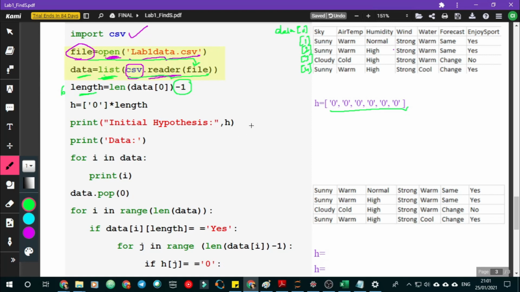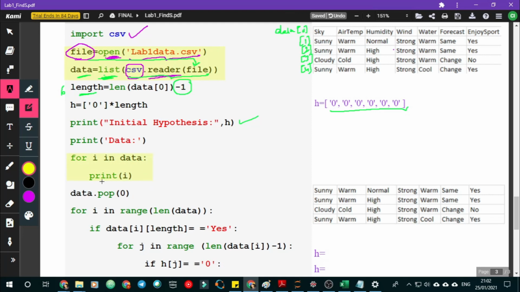Next is just printing the hypothesis we have just initialized. Okay, we just printed it.